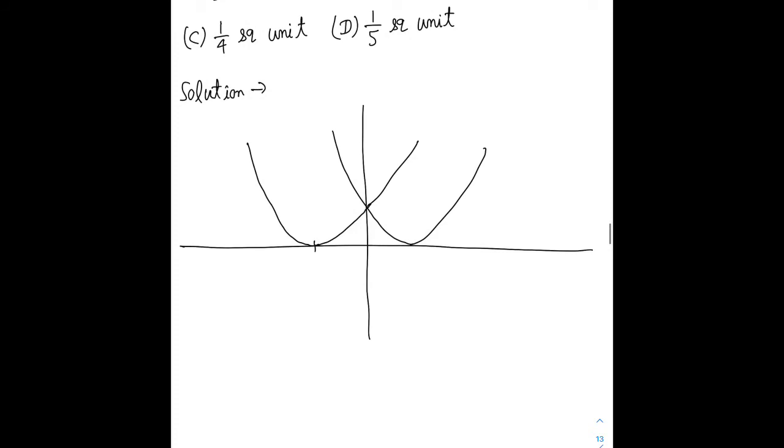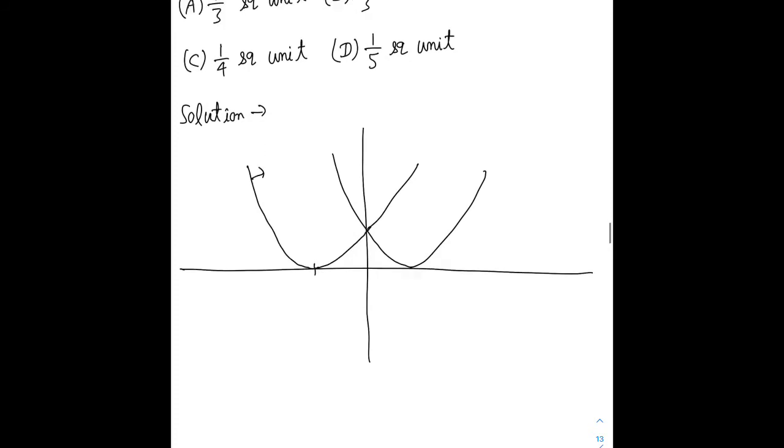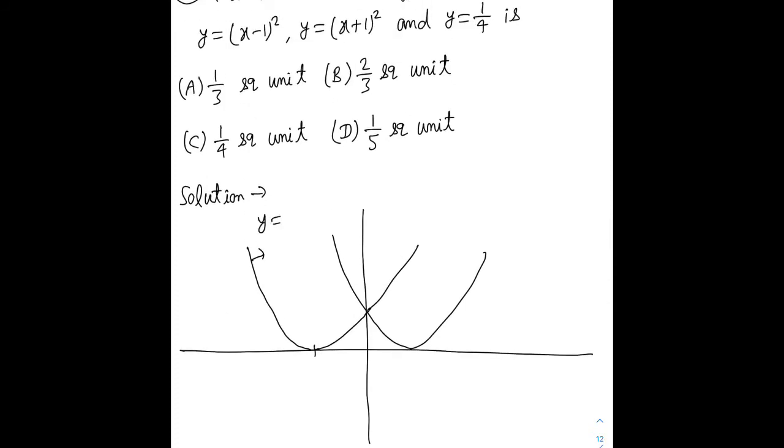Okay, now this is the graph for y equal to x plus 1 whole square. To find the vertex, which is like the center point, what you need to do is equate it to 0. When you equate it to 0, you will get x equal to minus 1 and y equal to 0, which is nothing but this point, minus 1 comma 0. This is the origin.